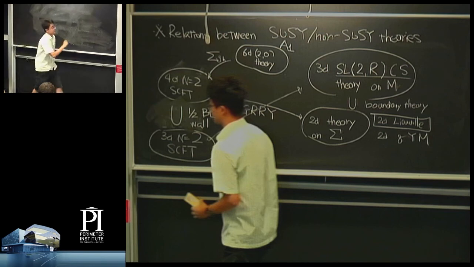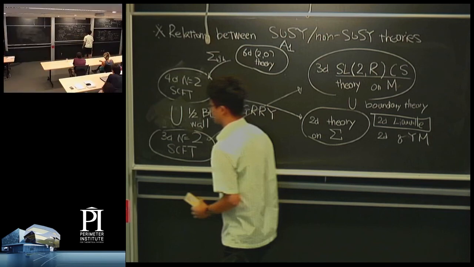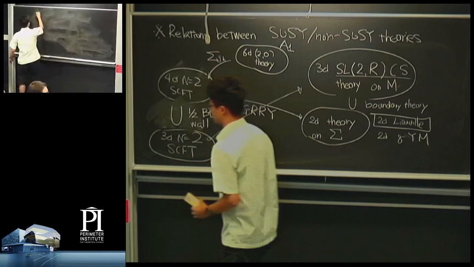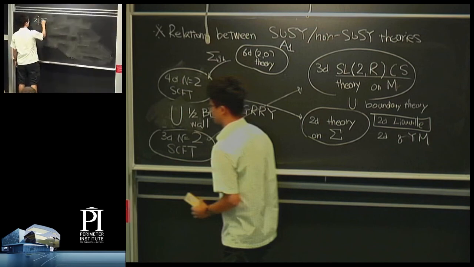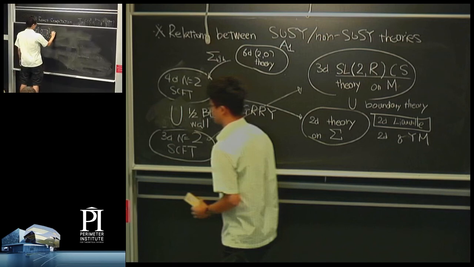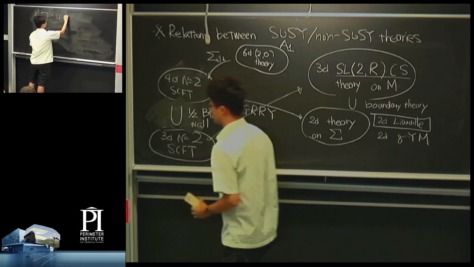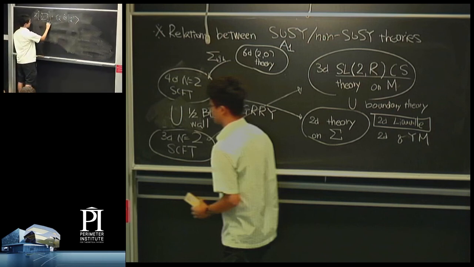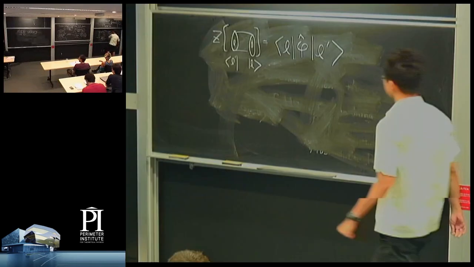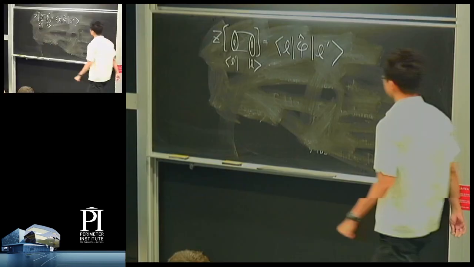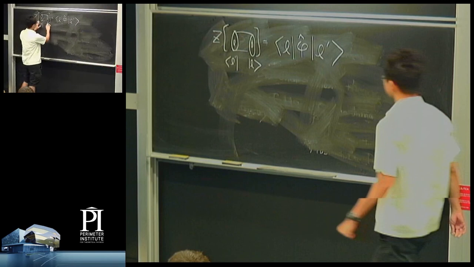So the partition function, schematically written: if you look at this figure, it's easy to tell that the partition function of this thing, Riemann surface times an interval, is going to be something like L phi hat, where these L's are the set of parameters which specify the boundary conditions. Actually, these L's are related to the complex structure deformation of the Riemann surface. Some details are not too important here. Then this partition function of the Chern-Simons theory can be written in this form.